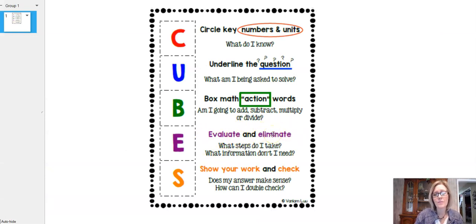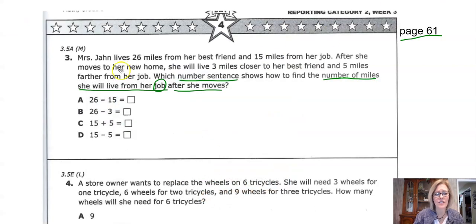Well, this is a problem where we're going to have to eliminate some information. So I don't need to use any information that has to do with how far she is from her best friend. But I do need the information about the job, how far she is from her job.